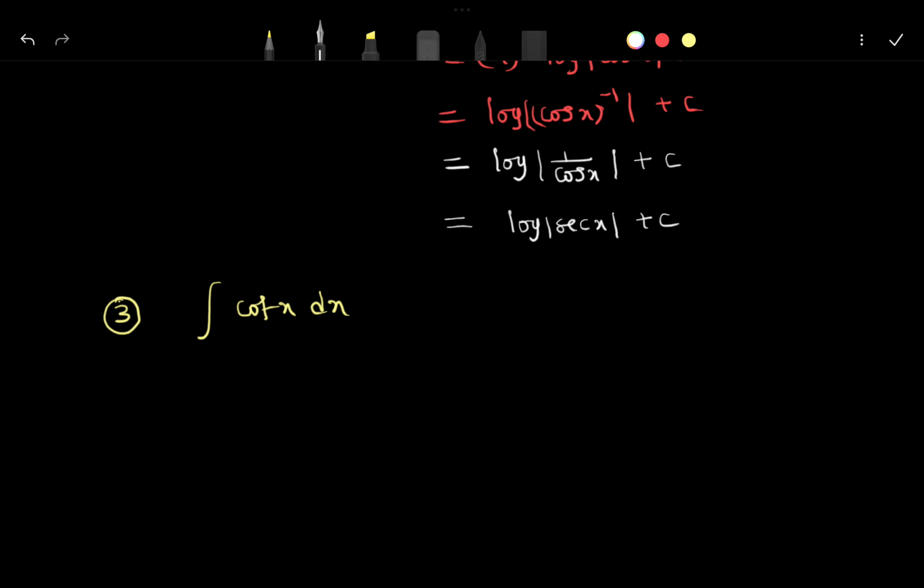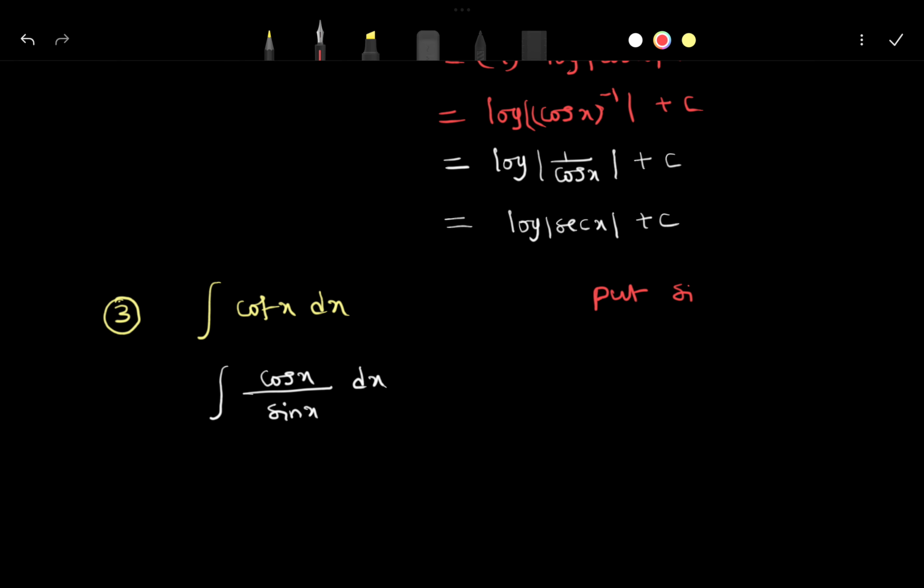So how to do this? First of all, you write cot x as cos x divided by sin x, dx. So all of you see this one. Here we put sin x equals t.